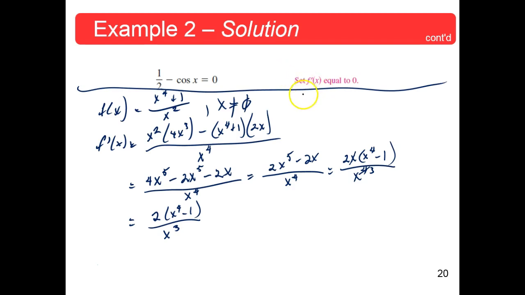If we had written it this way, x to the fourth over x squared minus 1 over x squared. What would that have given us? Isn't that what we get? x fourth over x squared minus 1 over x squared. Oh, plus 1. I'm sorry. That's a plus sign there. No, it's fine. Okay.